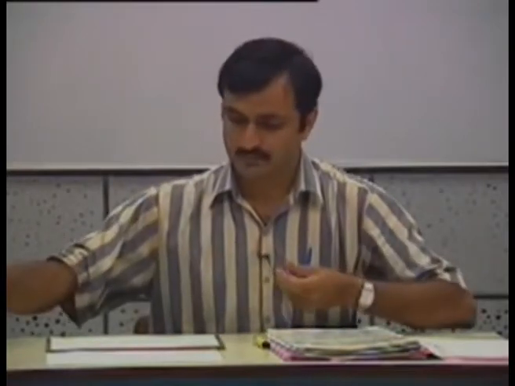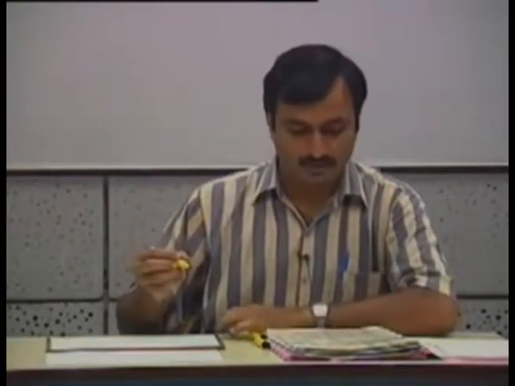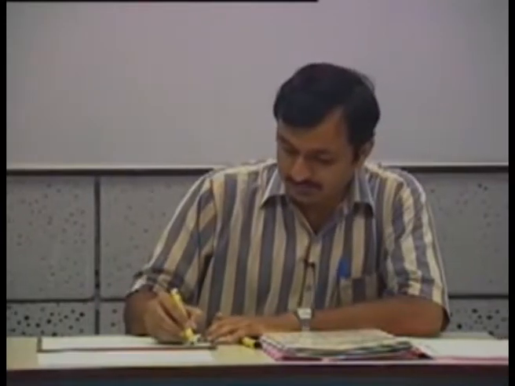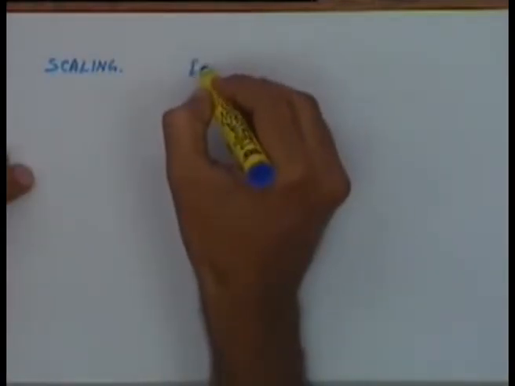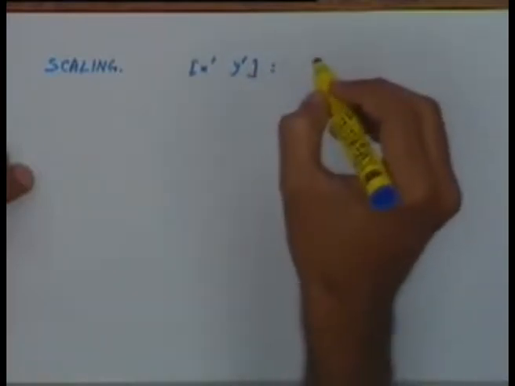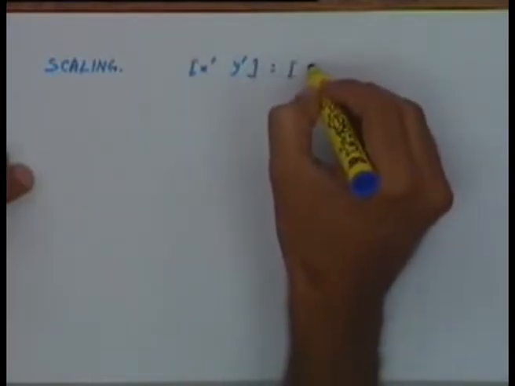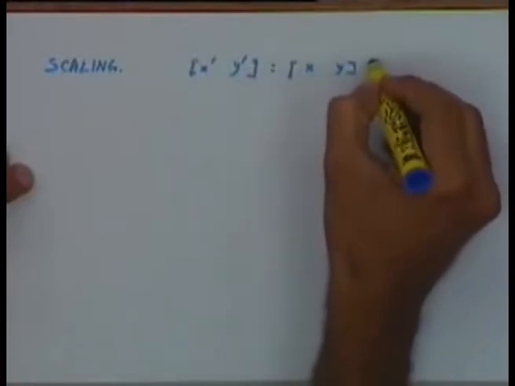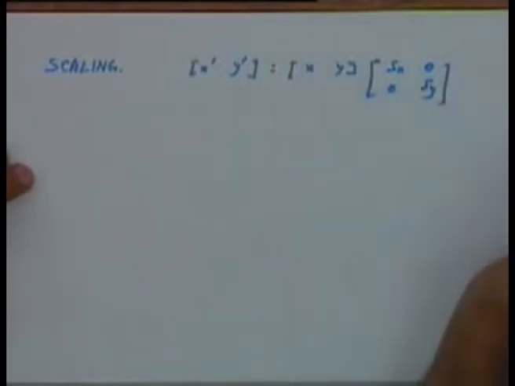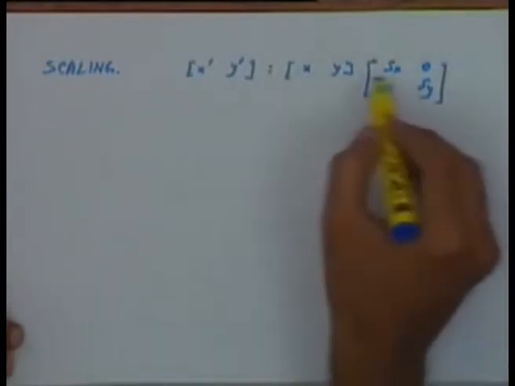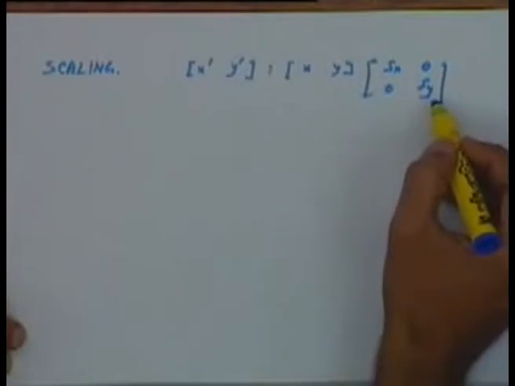The third transformation that we had seen last time was the scaling operation. And in scaling we had said that (x', y') will be (x, y) multiplied by a scaling matrix which will be [sx, 0; 0, sy]. The x coordinate will get multiplied by sx, the y coordinate will get multiplied by sy.